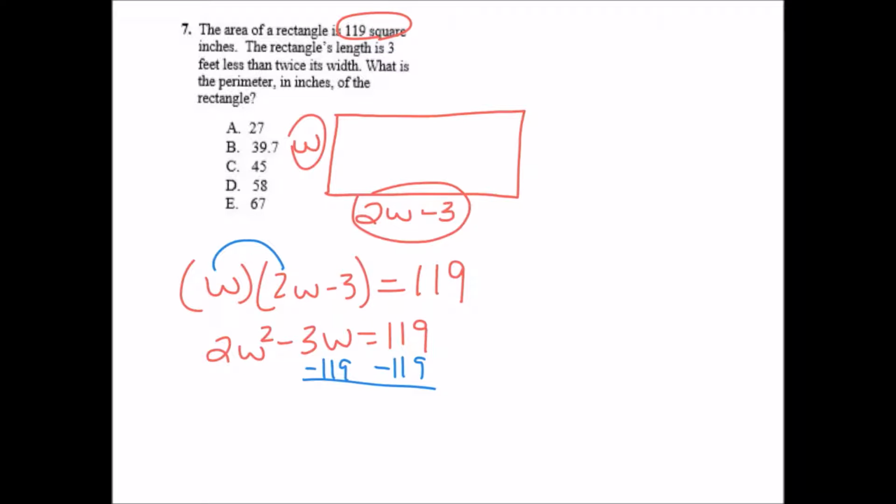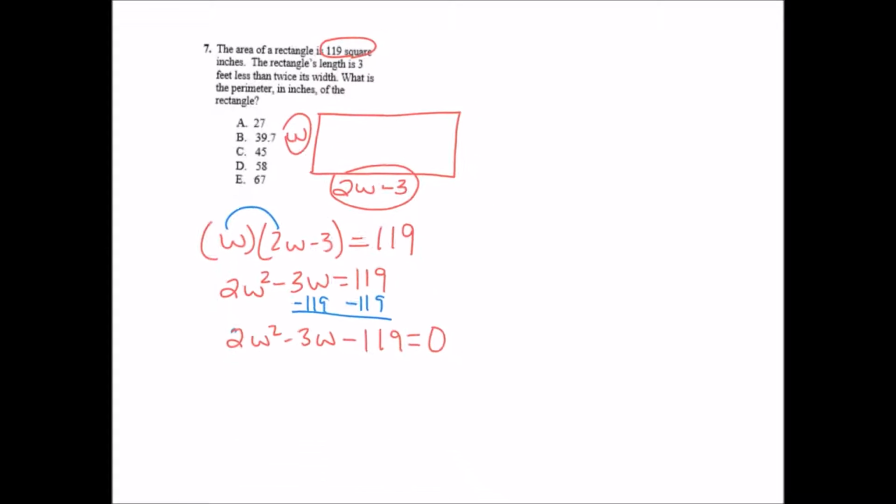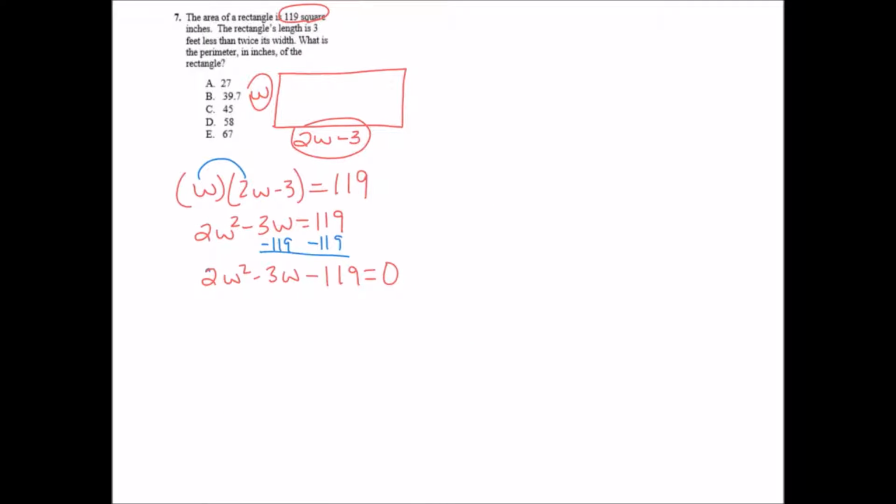And I'm going to get a new equation: 2W squared minus 3W minus 119 equals 0. Now, at this point, I'm going to try to factor that. I like to use the FOIL method. So I know I'm going to go like this. I'm going to have a 2W here and a W here.